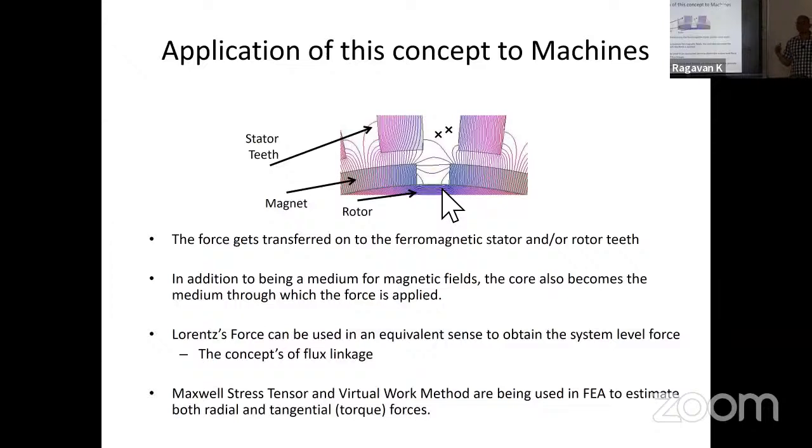Okay. So probably what you're saying, compared to the slotted case, in a slotless case, there is more field coming out of the rotor towards the stator. So if this effect is there in your machine, you can call it proximity effect.